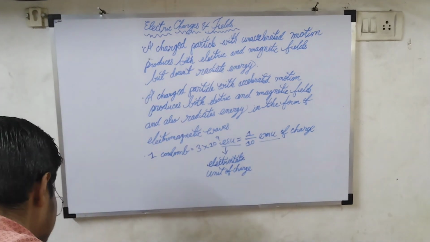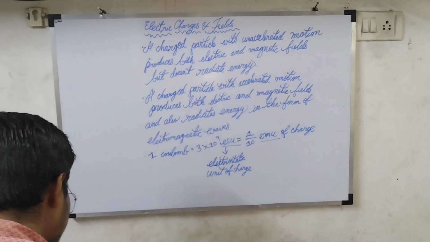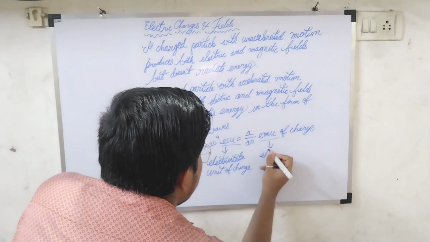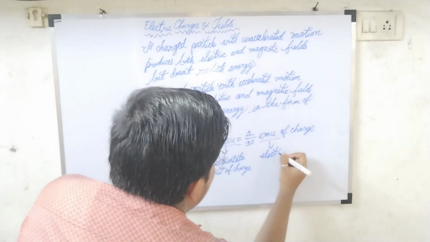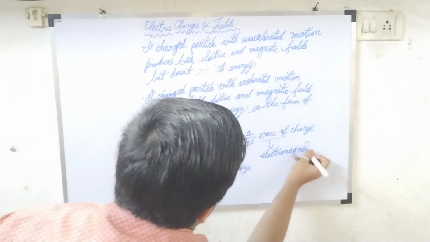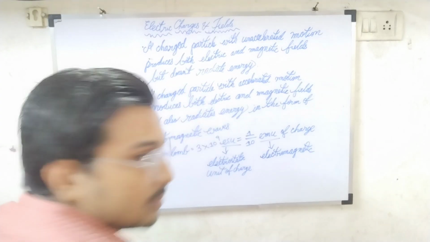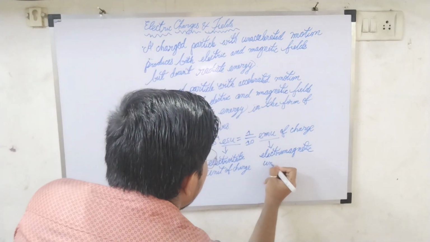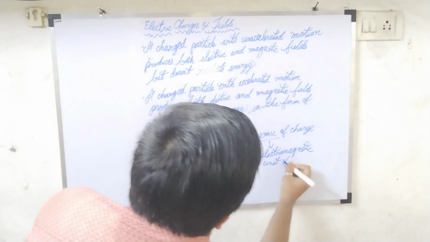And what is EMU? EMU is electromagnetic unit of charge. See the difference. Electromagnetic unit of charge.